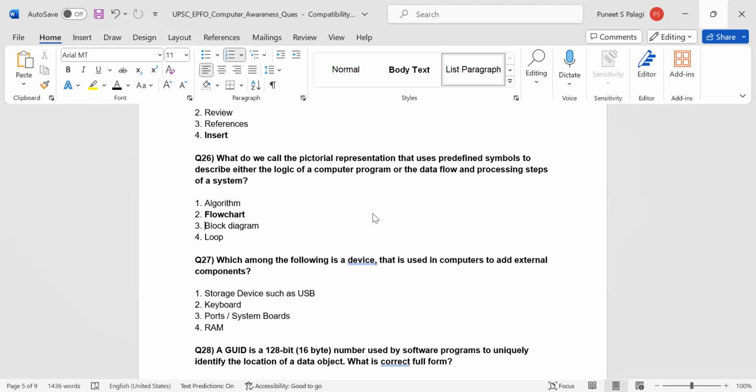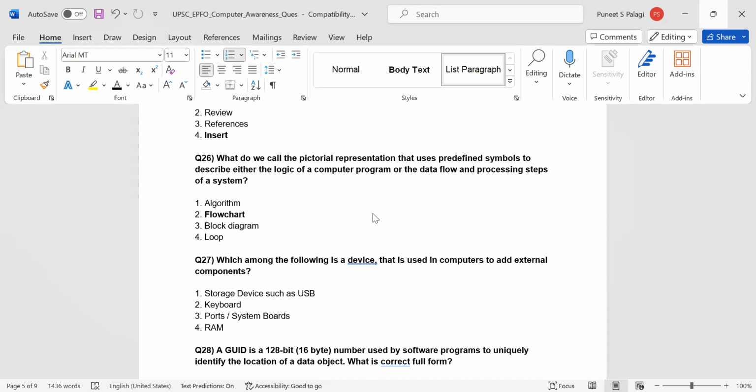Which among the following is a device that is used in computers to add external components? Storage device such as USB, keyboard, ports, RAM.